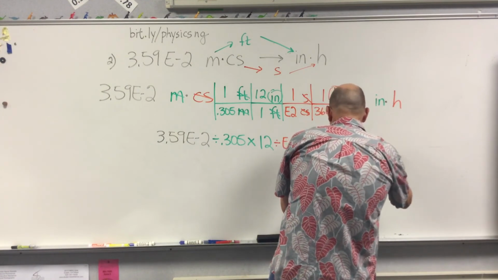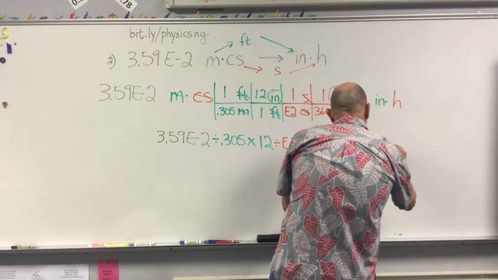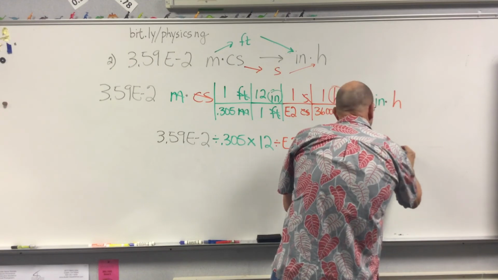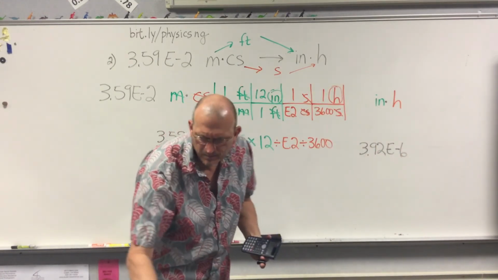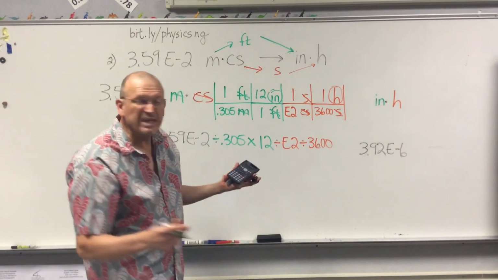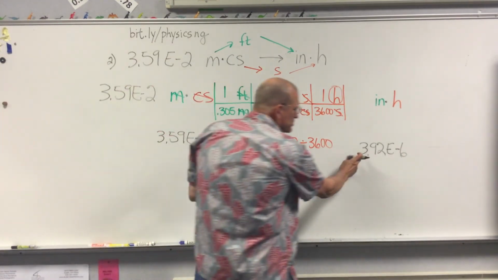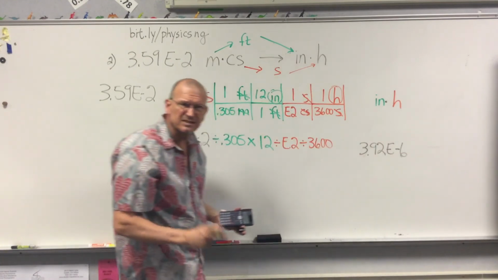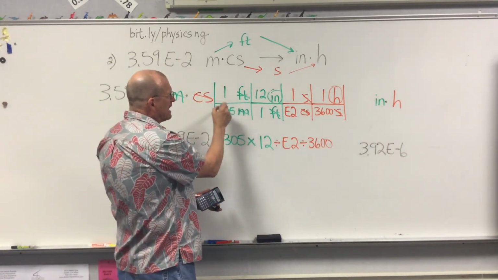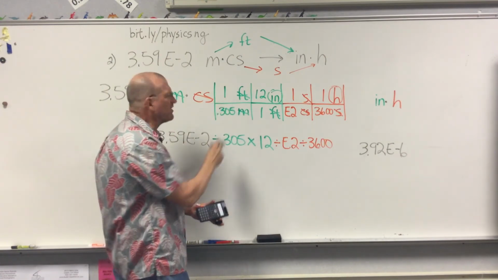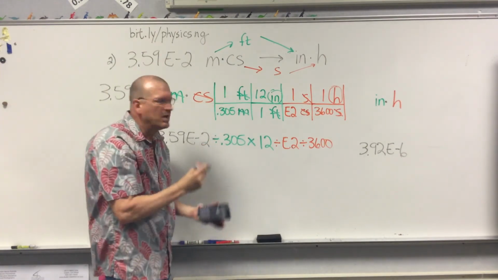3.92 E negative 6. Checking my answer here. The answer on the worksheet says 3.93 E negative 6, and I think that is because when I did the key, I didn't do 1 over 0.305, I did 3.28 over 1.